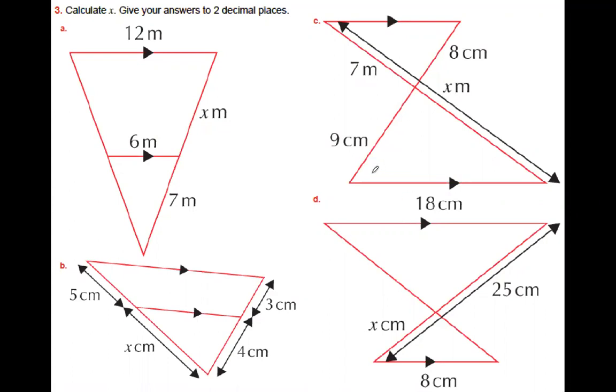Calculate X. So I'm looking at this. I've been asked to calculate that long distance. The first thing first, I'm going to put some markers so I know which angle is which. So I've got this angle there, a square angle, and it's this angle there.